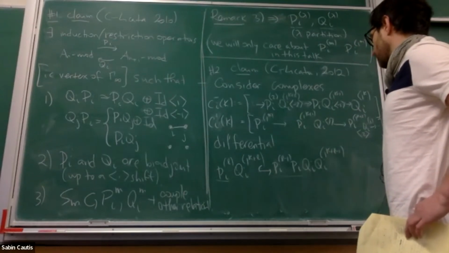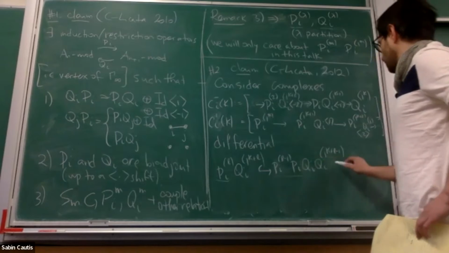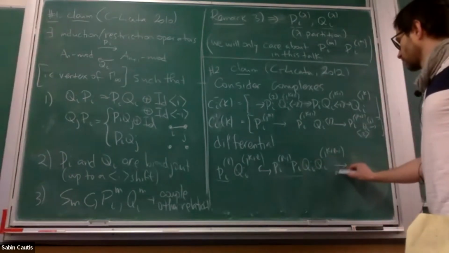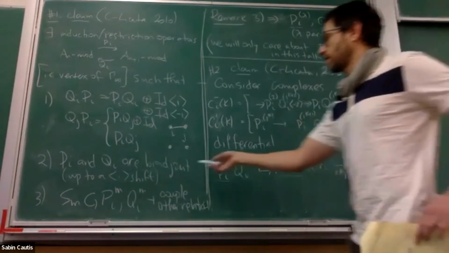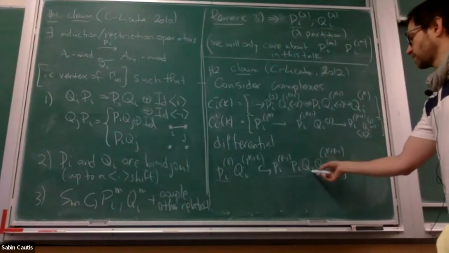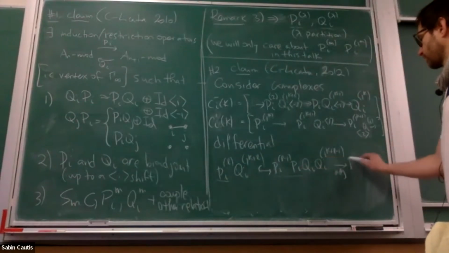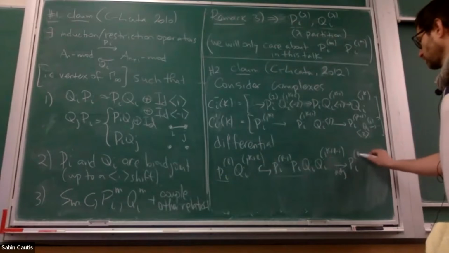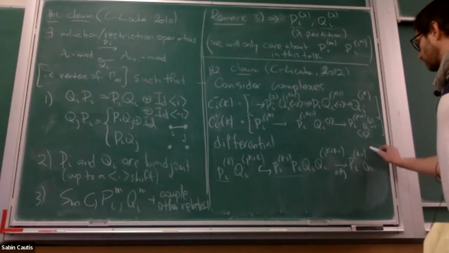Likewise on this side. And then we said pi and qi are adjoint to each other, so there's an adjoint map here. If you keep track of the shift business, you'll see that you get a shift of 1. So there's a map from this guy to the identity shifted by 1. So that's where the differentials are. They're very simple.